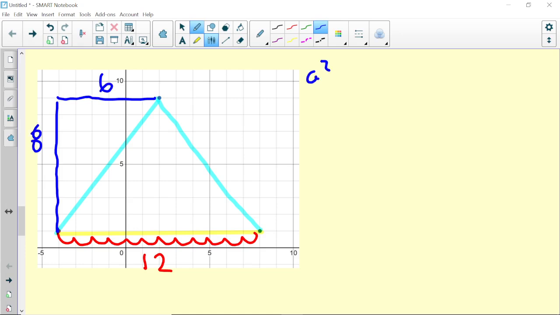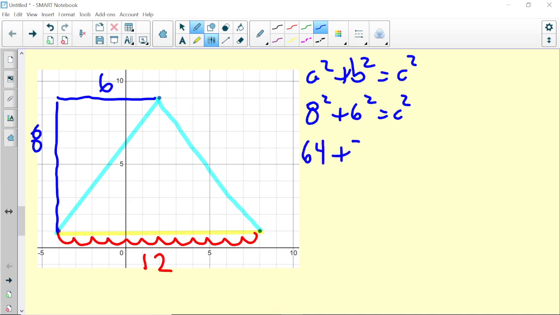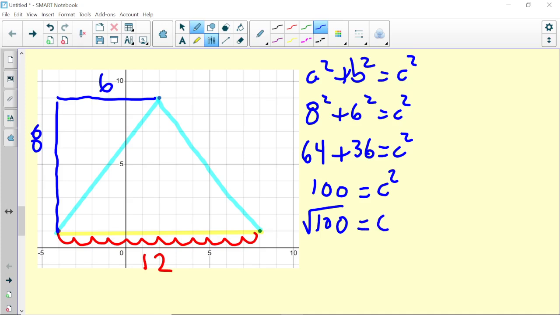So a squared plus b squared equals c squared. 8 squared plus 6 squared equals c squared. 8 squared is 64 plus 6 squared is 36. That equals c squared. Add these two up. 64 plus 36 is 100. And we don't want c squared, we want c, so we need to square root this. And this is one of our perfect squares. That length is going to be 10 units.